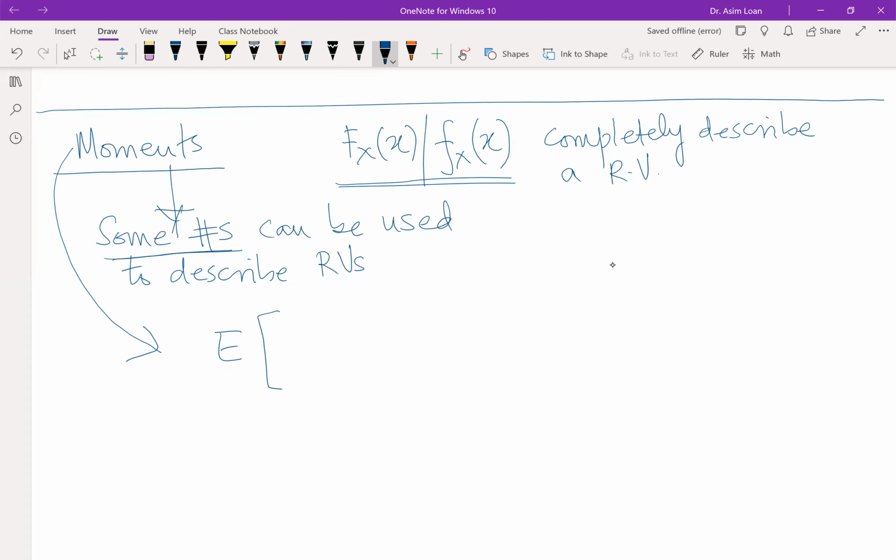E is an expectation operator. So whenever you take expectation, you are actually taking out the randomness. Okay? So this is an expectation operator.